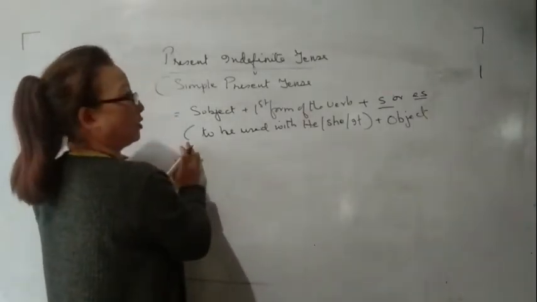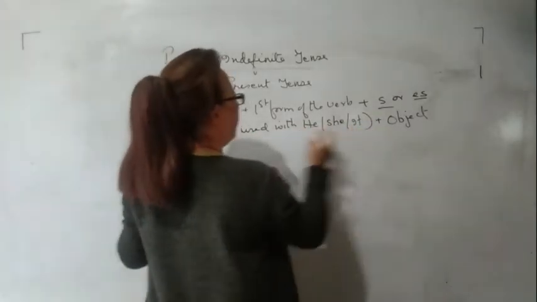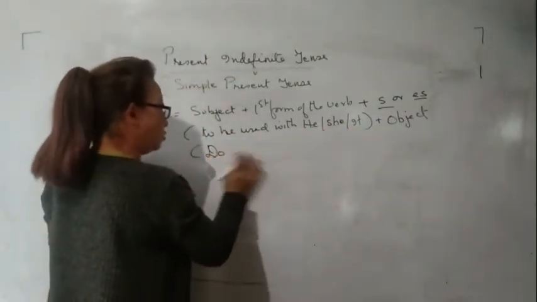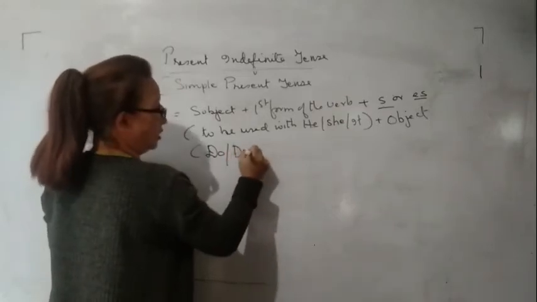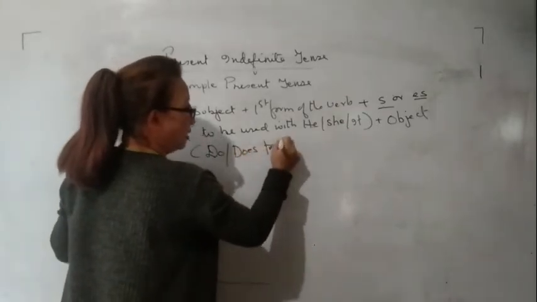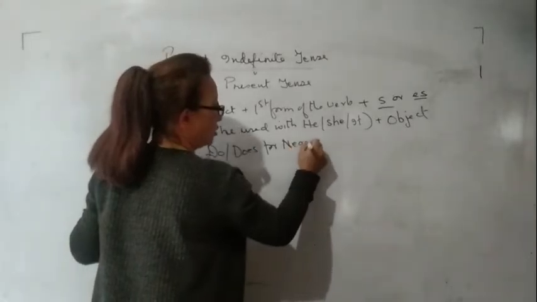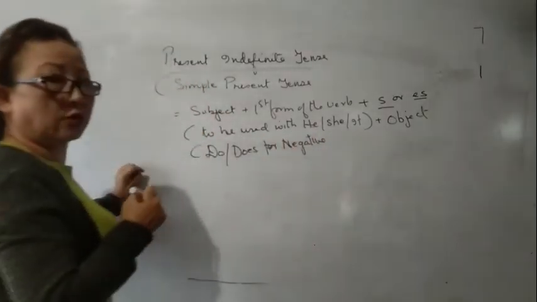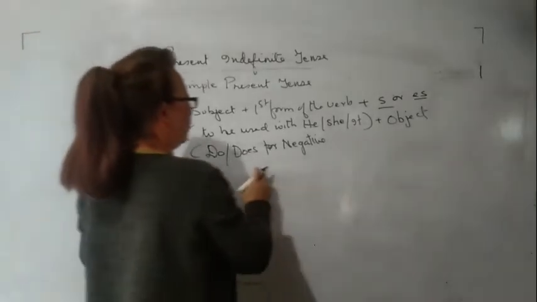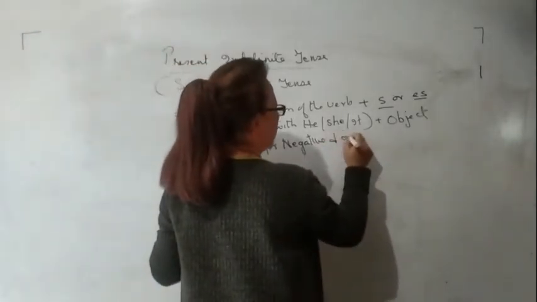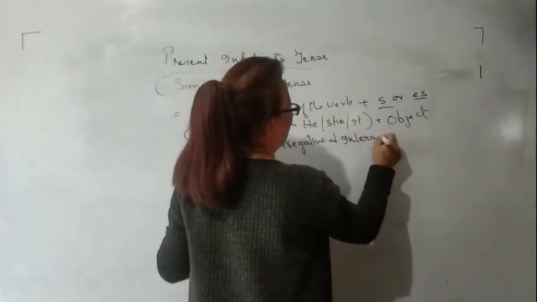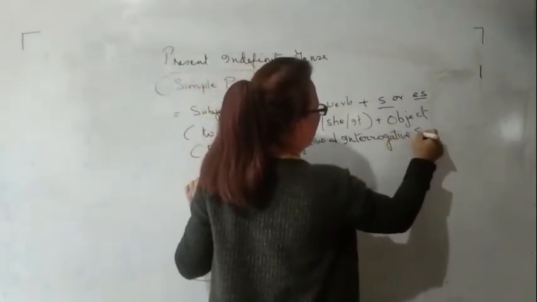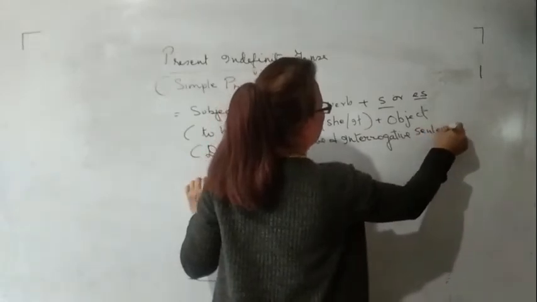What you have to know is another one. You will use the word do or does for negative. Negative means not. I do not tell lies. I do not drink tea. And for interrogative, meaning questions, interrogative sentences, I have just shown you the examples.